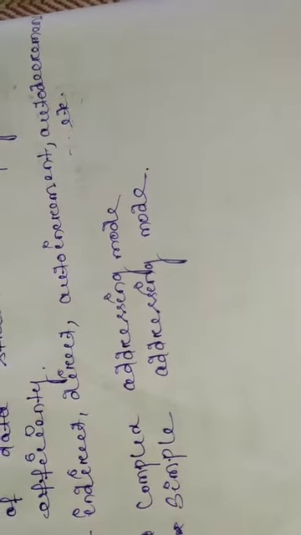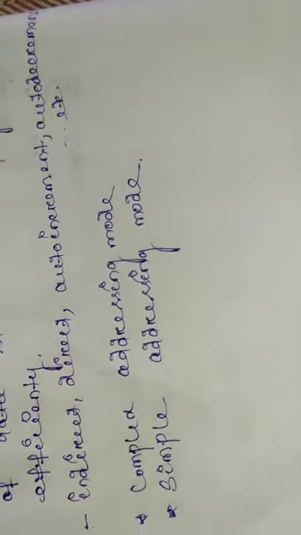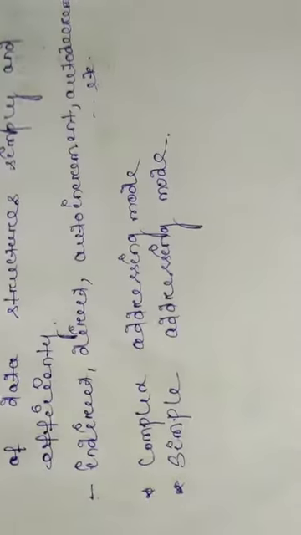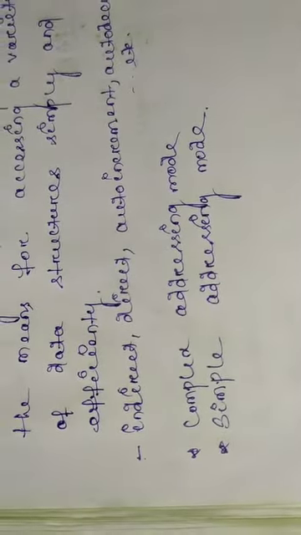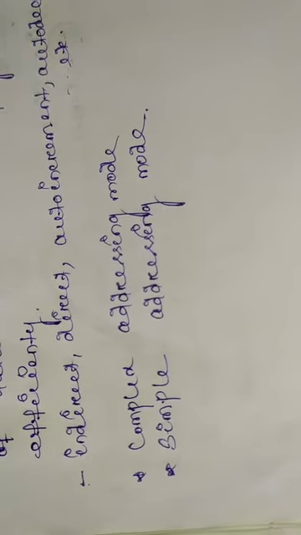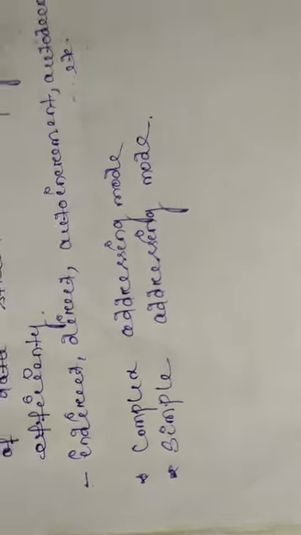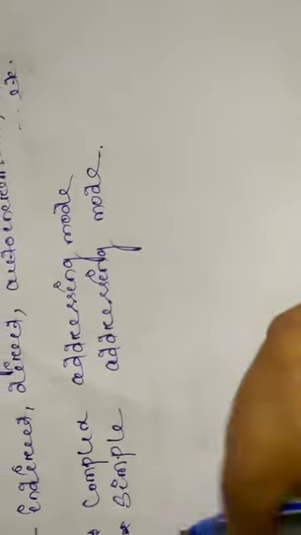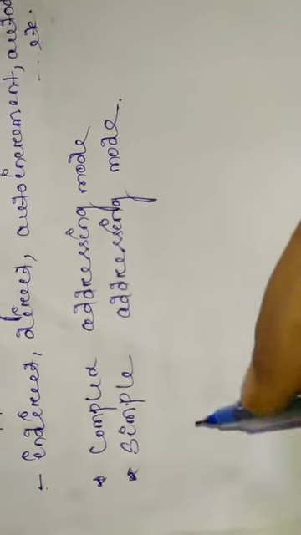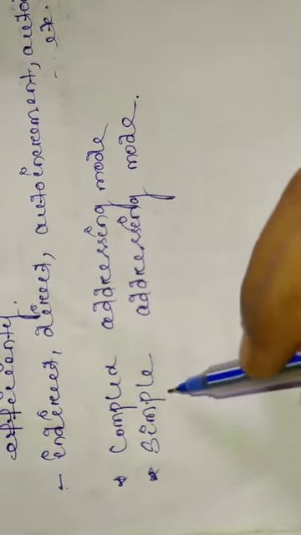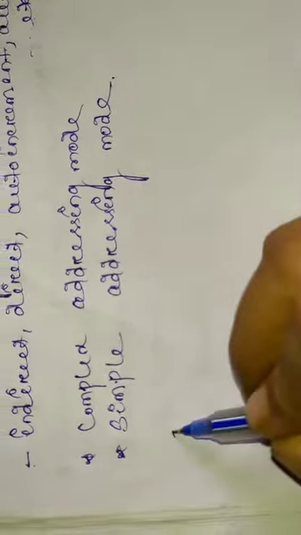So let's see how we can define complex addressing modes and simple addressing modes. First we discuss complex addressing mode. Let's assume a simple model for accessing operands in memory. Basically, let's take an example of a load operation. For this load operation, we will use the complex addressing mode concept as well as the simple addressing mode concept.